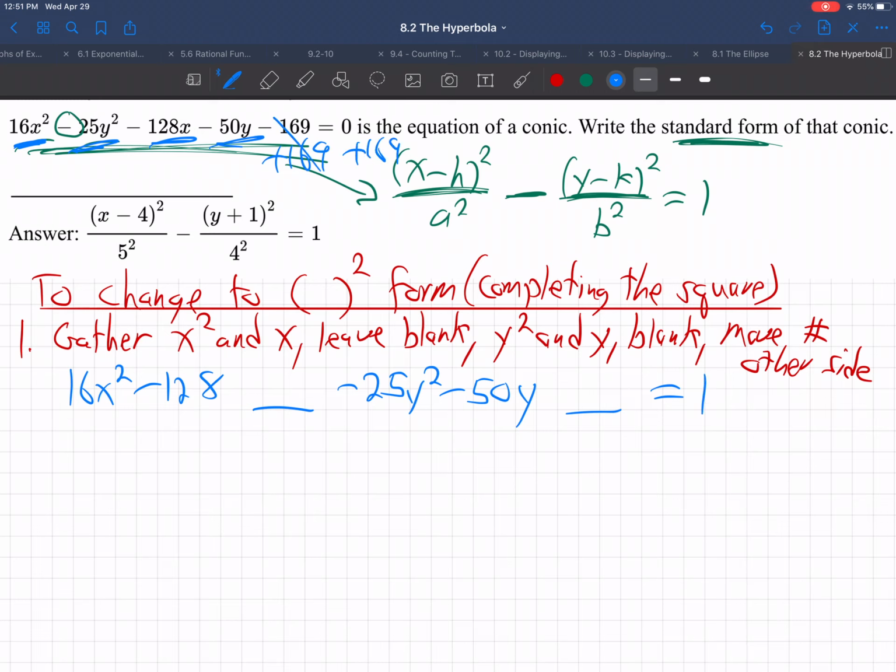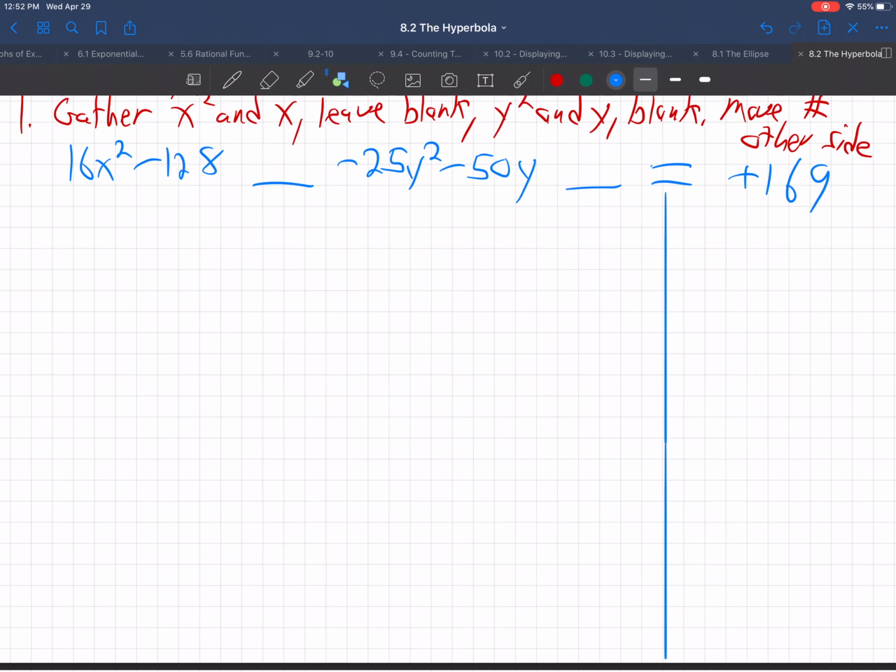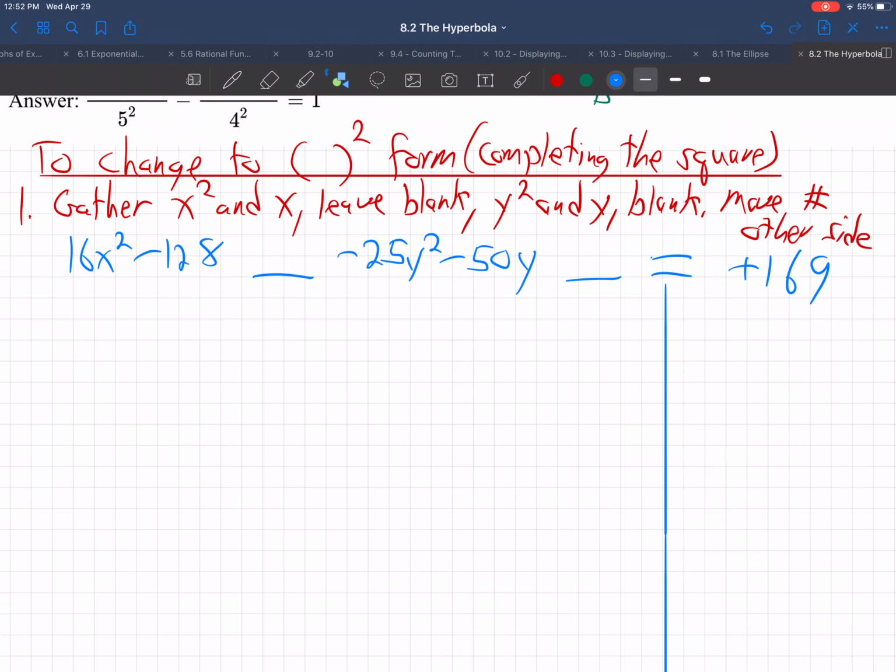Get rid of it there, equals positive 169. Let me make that equals a little bigger, more dramatic, because it's important. That's going to be a wall of separation for us. So that's step 1.